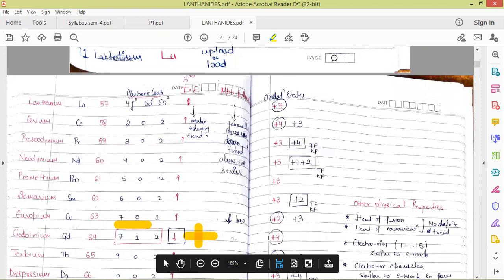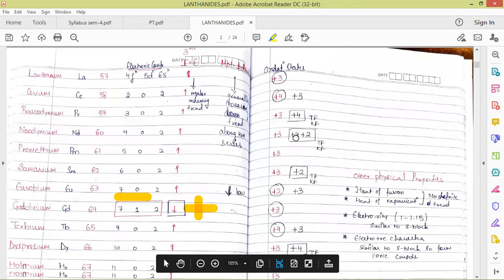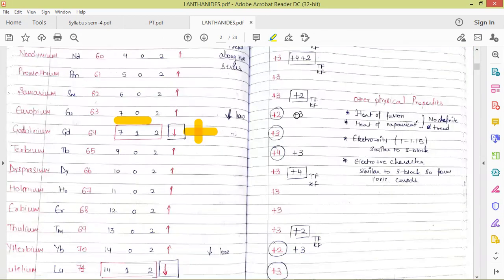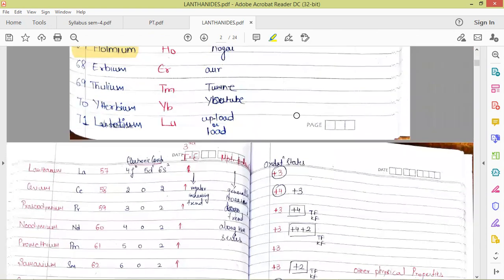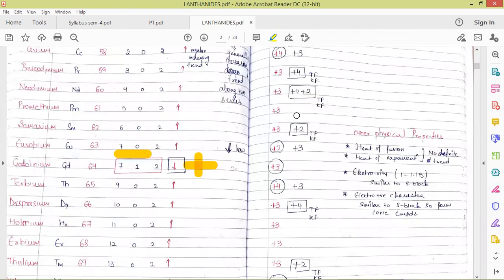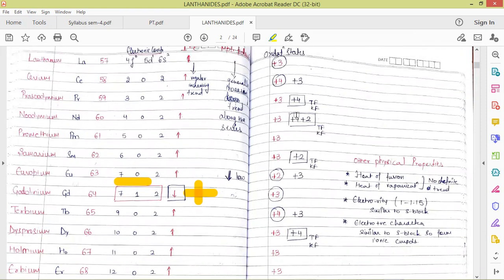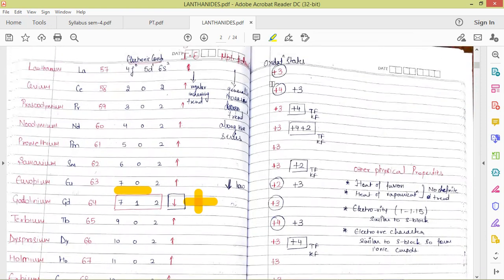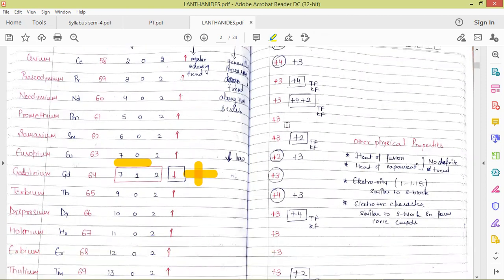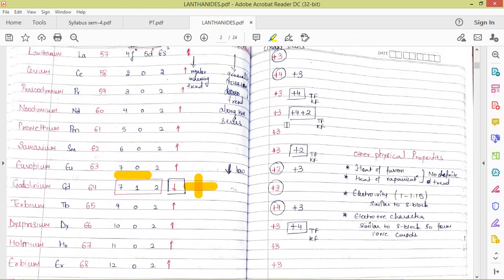If we look at the oxidation states, here I have written the oxidation states for all these lanthanides. So +3 is the most common oxidation state, exhibited by all the lanthanides. And there are some other oxidation states like +2 and +4 in addition to +3 for some elements.